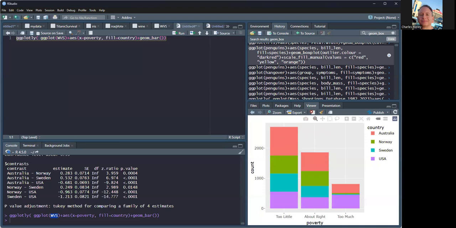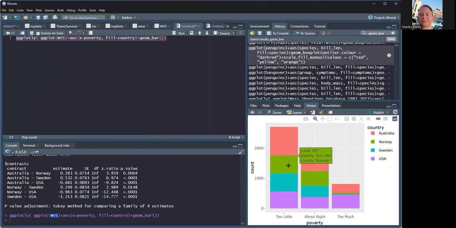So if you look at this, why is Sweden the lowest, like negative 14? Because they don't even have a too much. This is Sweden. They have an about right, they have too little, but there's no Sweden here. That's why it's so incredible. Then you've got the second most generous country, Norway. Now, there are some people in Norway saying too much, right? But way more saying about right, and then even more so saying too little.